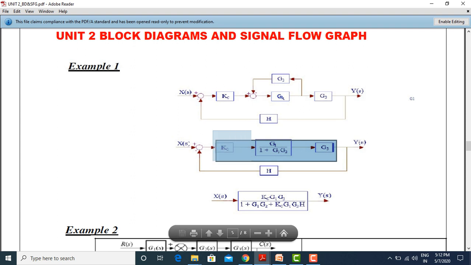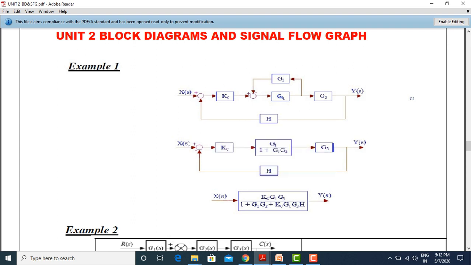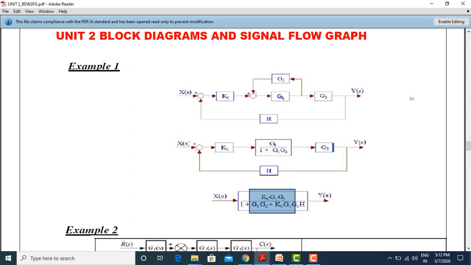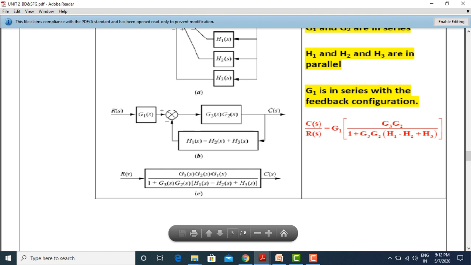If I want to combine this into one block, I have to just take this into one block and finally simplify the feedback loop. So what will happen? We know system upon 1 plus system into feedback. Just simplify this calculation and we'll get this answer. Now moving towards the next problem.